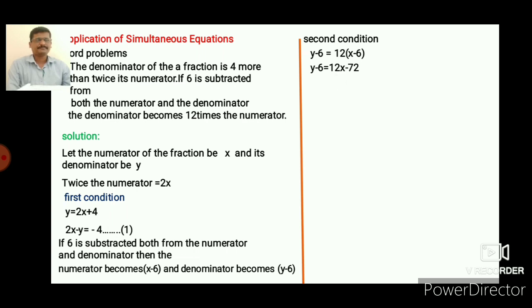Transfer this y to the right hand side, therefore 12x minus y is equal to minus 6, and transfer this minus 72 to the left hand side, this minus becomes plus 72. Therefore 12x minus y is equal to 66, equation second.